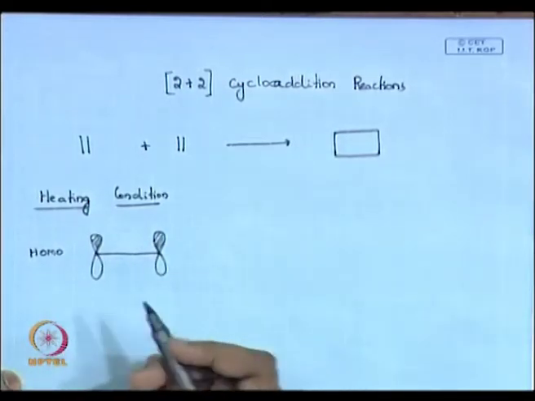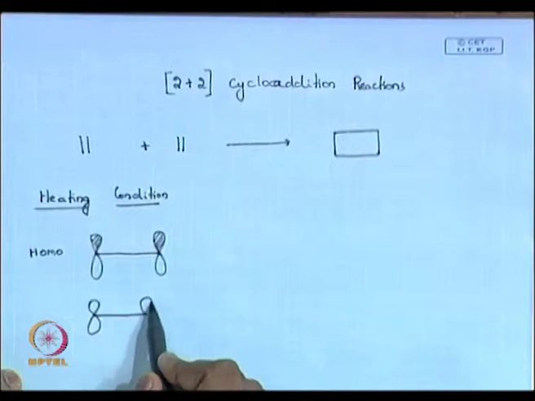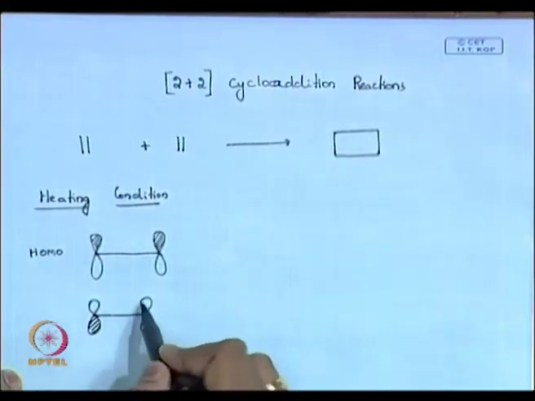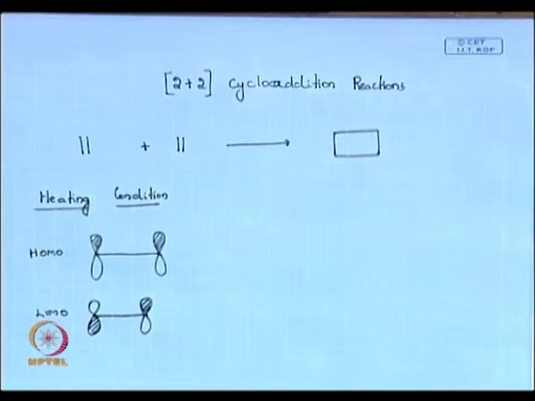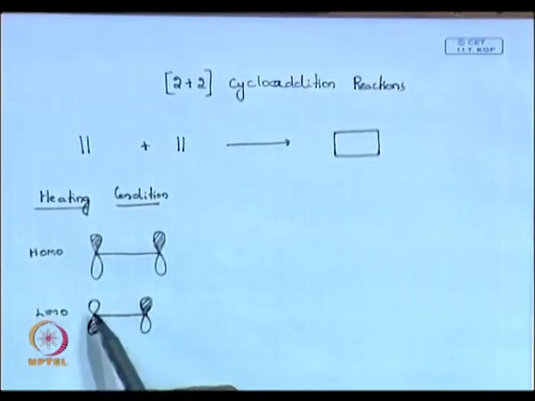Then we will take the LUMO of another alkene system. Now, see this, because this should be in the heating condition. This is the HOMO of one of your alkenes and this is your LUMO.